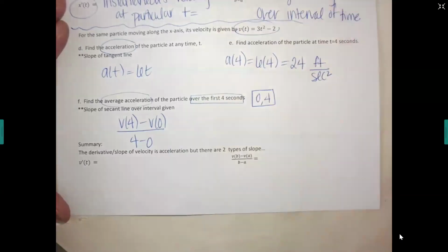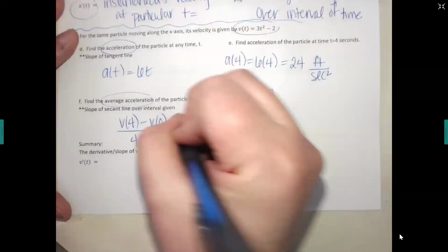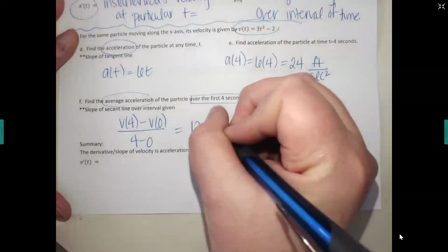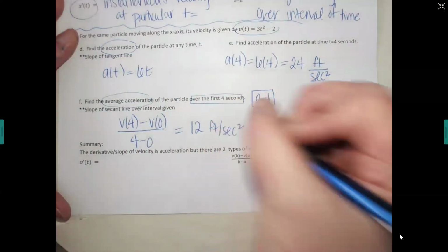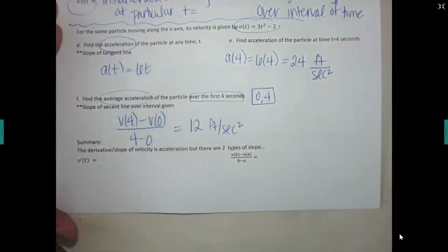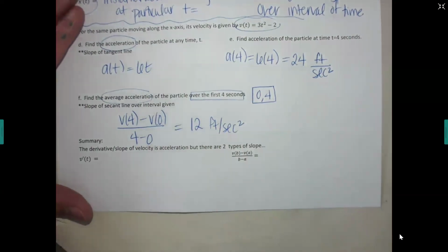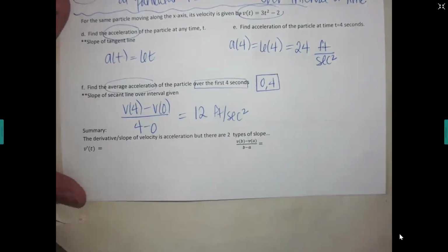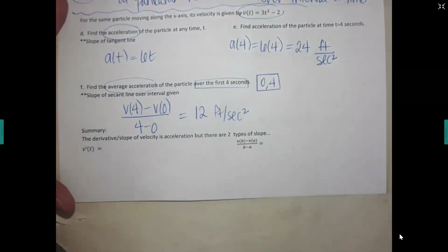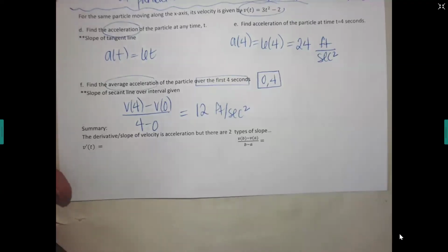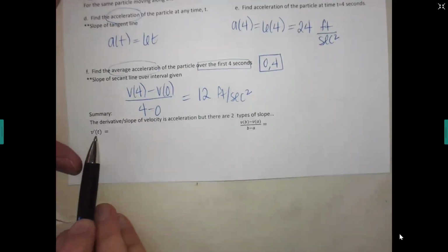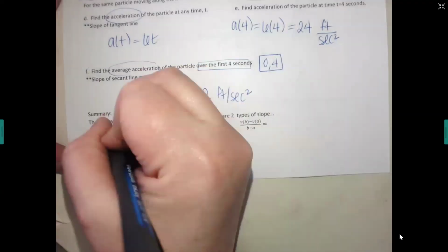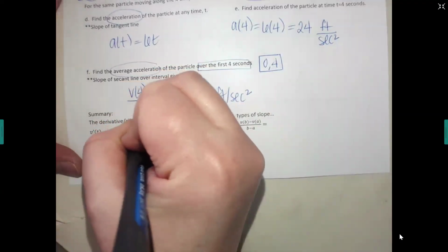Should be 12, very good. And then what are your units for 12? Feet per second squared, because whether it's an instantaneous acceleration or an average acceleration, you would still have the same unit. Then at the bottom, v prime, or the derivative of velocity, is your instantaneous acceleration.